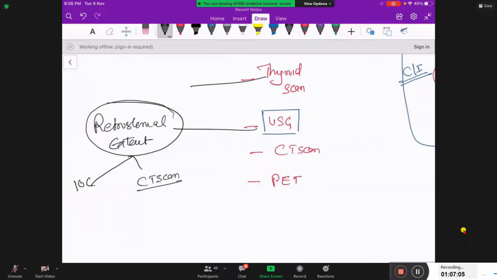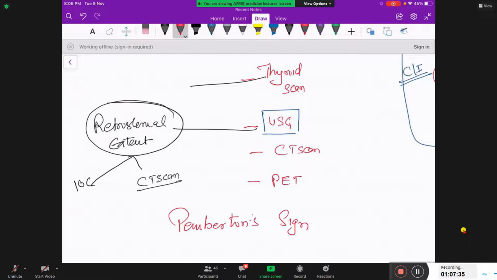So for knowing that, we will do a test called Pemberton's test, which is also called Pemberton's sign. What is this Pemberton's sign? We will tell the patient to keep the head straight like this and ask him to raise his hand like this for 2 to 3 minutes.